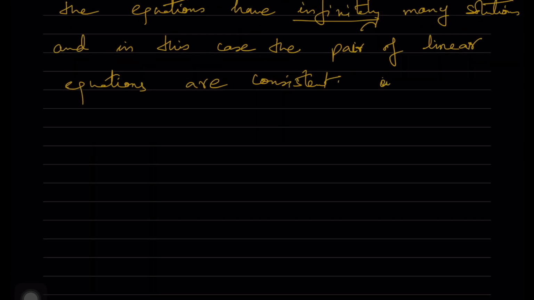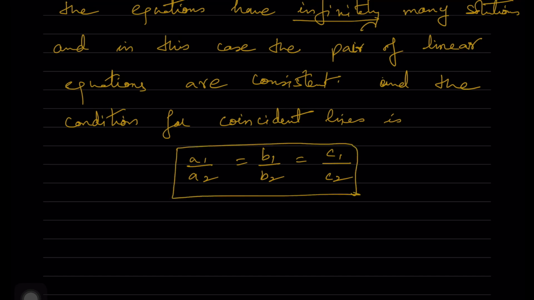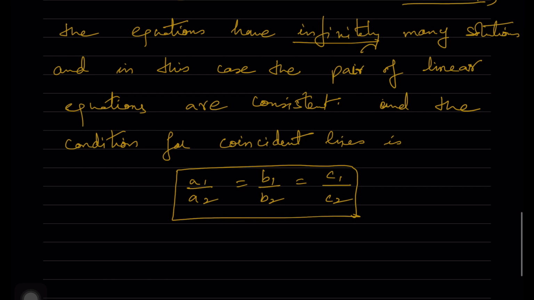The condition for coincident lines, or infinitely many solutions, or consistent lines, is a1 by a2 is equal to b1 by b2 is equal to c1 by c2. So totally three cases we are having: when the lines intersect, when the lines are parallel, when the lines are coincident. So you have unique solution, no solution, infinitely many solutions. Coincident means on the same line it exists. Both the lines are on the same line. You will have infinitely many solutions.